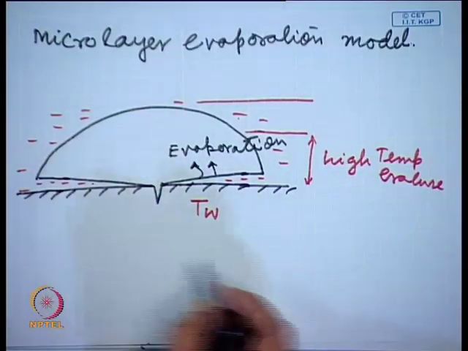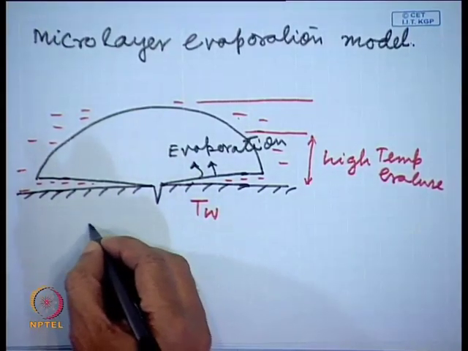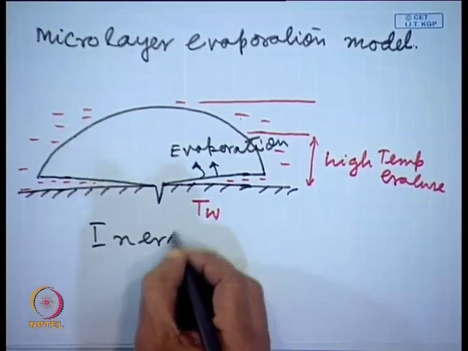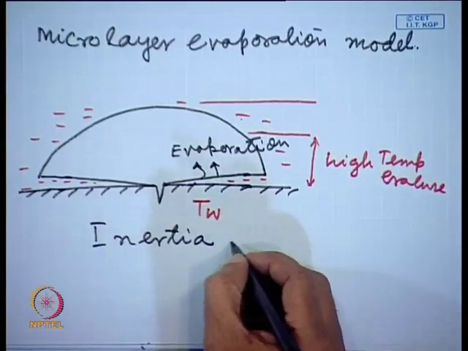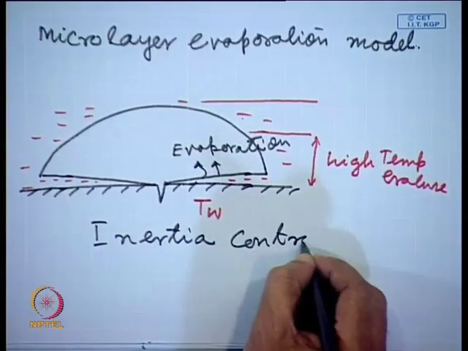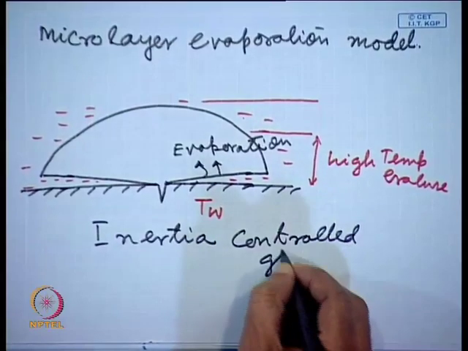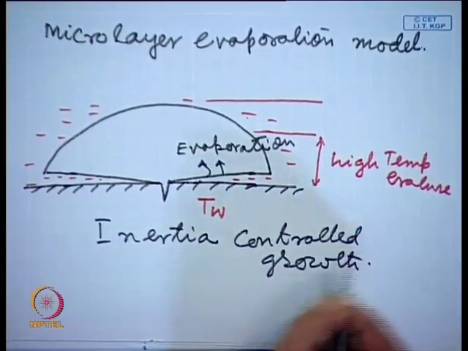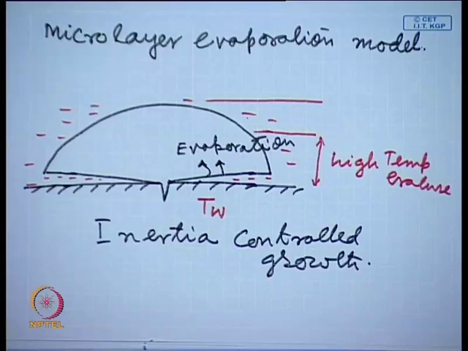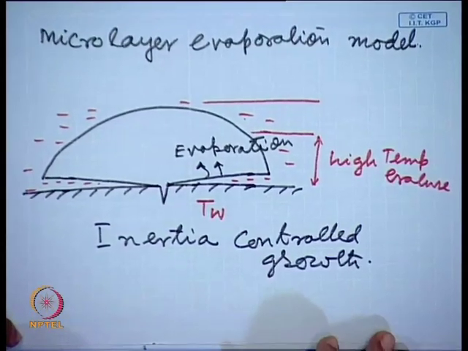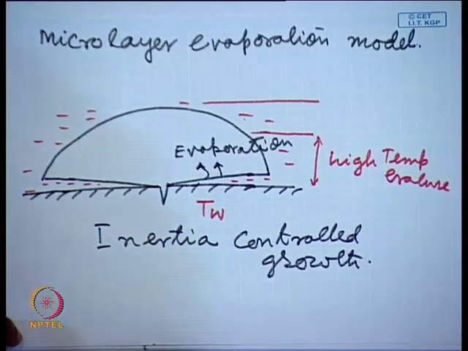So, this is basically valid for inertia controlled growth. And a full bubble cycle can be described based on this microlayer evaporation. And then the entire amount of heat transfer, by some integration process, one can also find out from this microlayer evaporation.